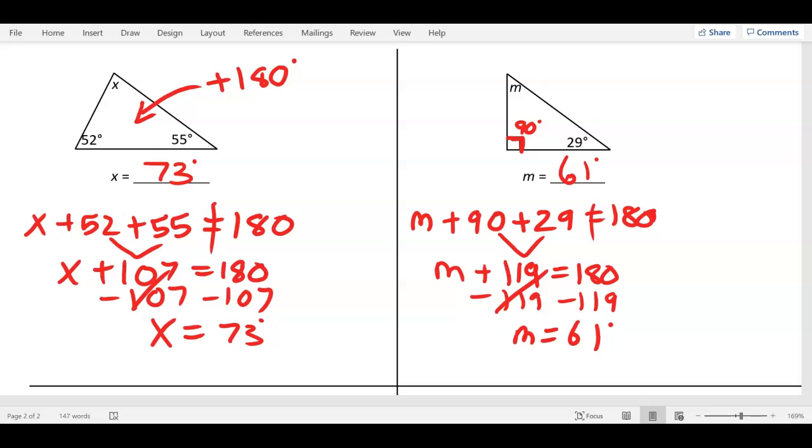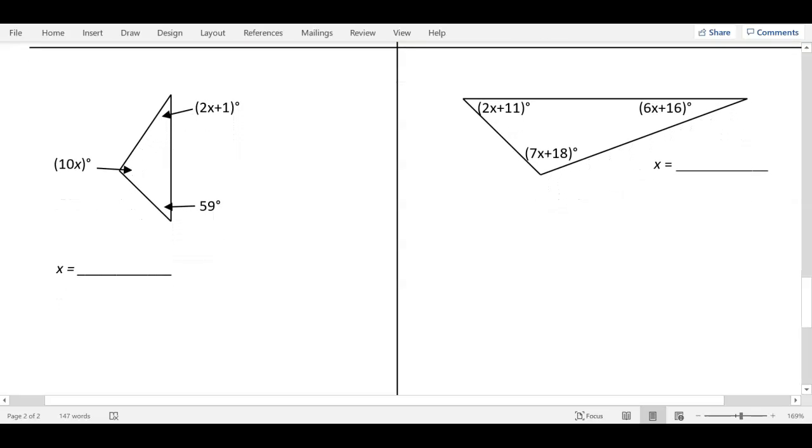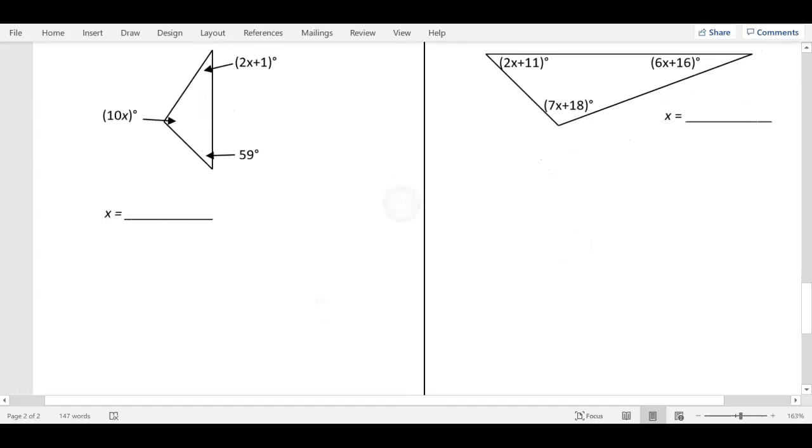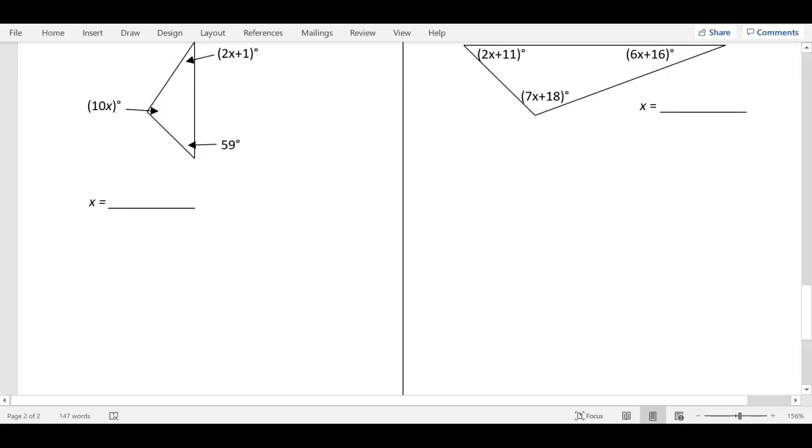But let me scroll down, and look at the next row, the next two, okay? Do you see how it gets a little more complicated looking? But we're going to do it the same way. So maybe write a little smaller on these to fit stuff in. On the left, what I'm going to do again is add up angle plus angle plus angle equals 180.